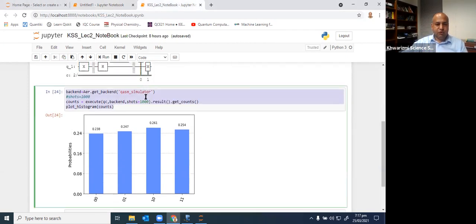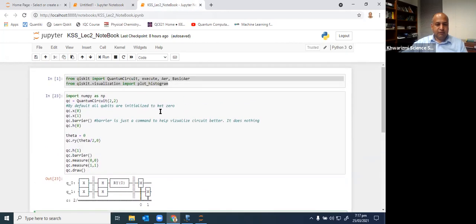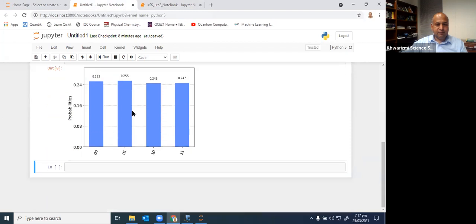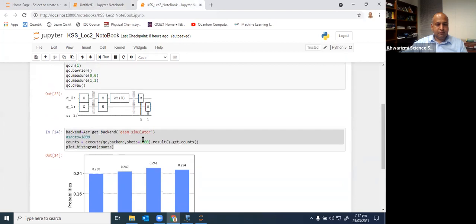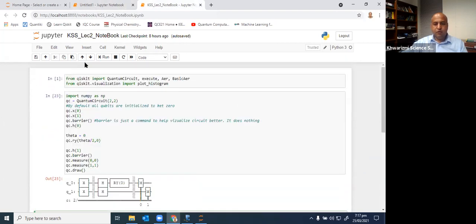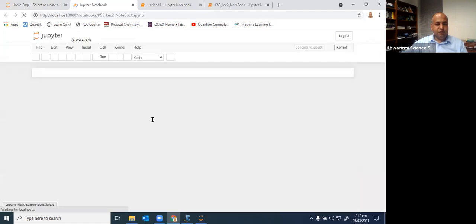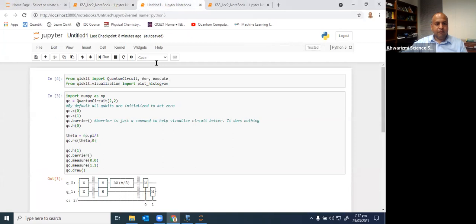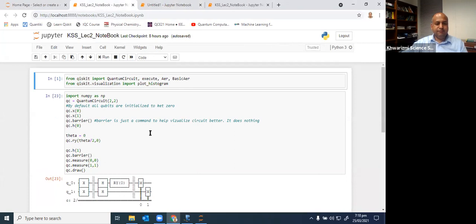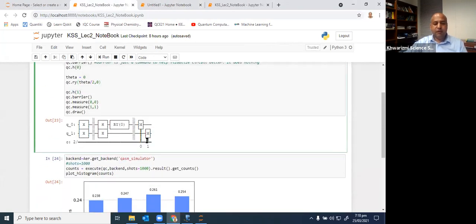Let me just quickly show one more thing. Okay, so anyway, I think that's enough for the single qubit simulations.